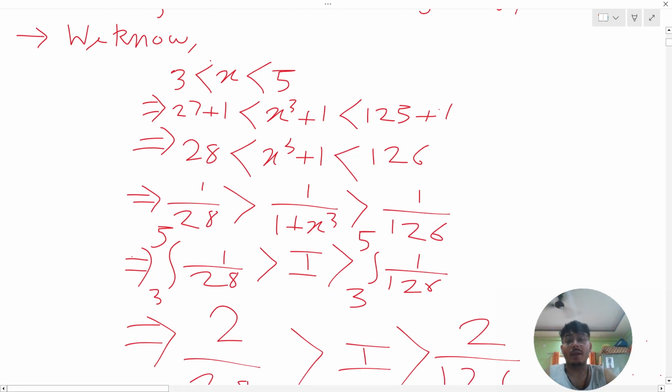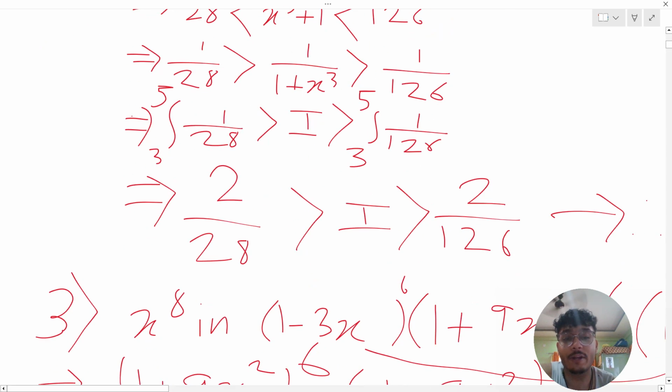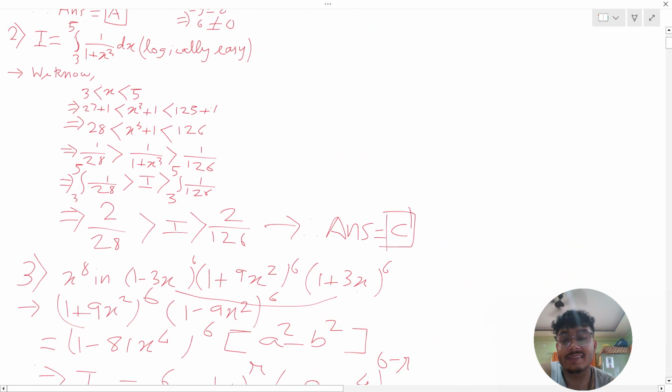Now 1 by 28 dx integrates to x by 28, and in place of x I put the upper limit minus the lower limit, which gives 5 minus 3, which is 2 by 28. Similarly for 126 it is 2 by 126. Ultimately we get 2 by 28 is greater than I is greater than 2 by 126, which says 1 by 14 is greater than I is greater than 1 by 63, which is our required option C. Easy question, fairly easy question.